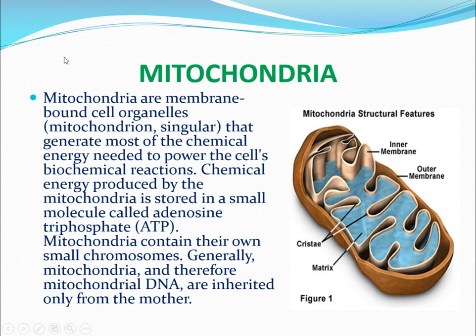Before discussing much, let's read what it says. Mitochondria are membrane-bound cell organelles that generate most of the chemical energy needed to power the cell. Biochemical reactions and chemical energy produced by the mitochondria are stored in a small molecule called adenosine triphosphate (ATP). Mitochondria contain their own small chromosomes, and mitochondrial DNA is inherited only from the mother.